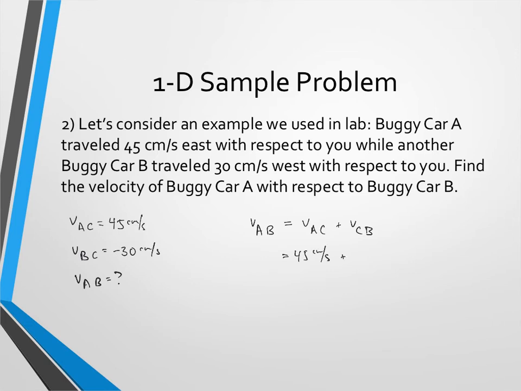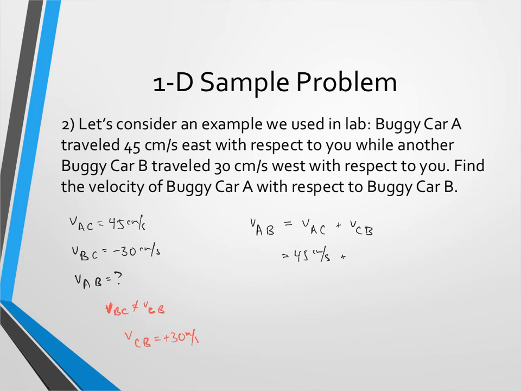BC is different from CB. So remember this. VBC does not equal VCB. What we're going to do instead is negate it. So if VBC is negative 30, that means VCB is positive 30. It's equal but opposite in direction.